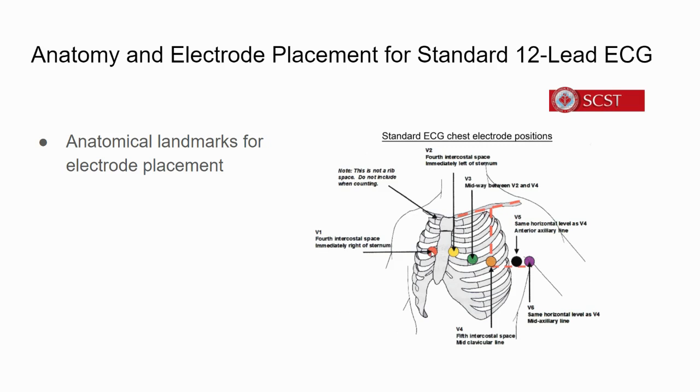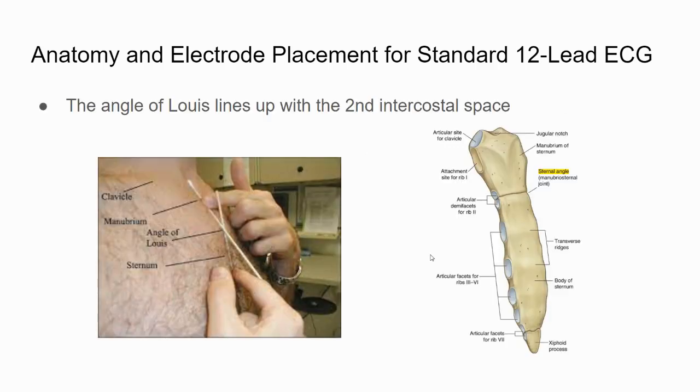Now, how do we find the 4th intercostal space? The landmark we're going to use is called the angle of Louis, and you can see it here in the photo to the left. If we look at the sternum and the manubrium, the angle of Louis is the sternal angle, which is the manubriosternal joint.